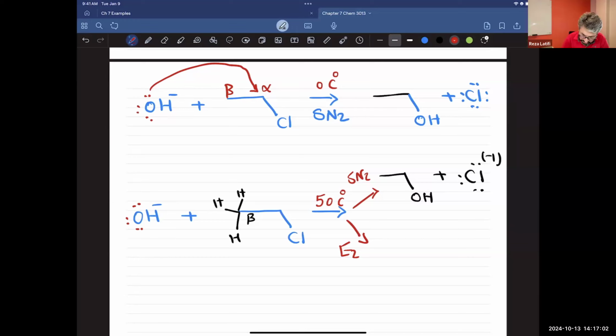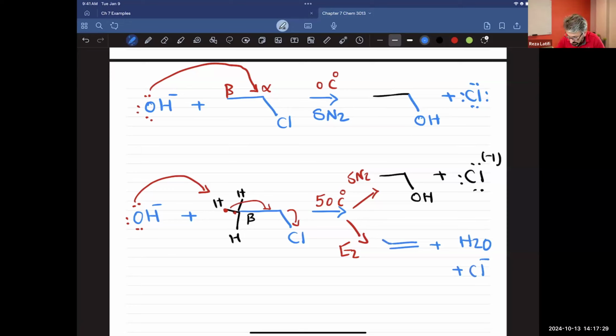In the elimination reaction, in this case, the nucleophile will go after hydrogen. While we are breaking this bond, these two electrons will be given to carbon, and then carbon will give them to chloride, and we get this. We get the alkene plus H2O plus Cl minus.